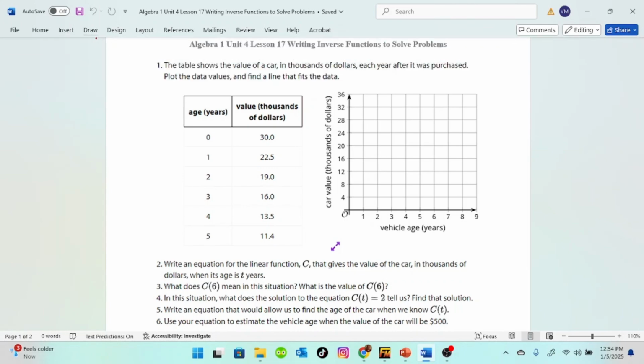We have 0, 30. So we start at the origin, we go up to 30, and we put our first point. Then we have 1, 22 and a half. We go over to 1 and up to 22 and a half. Then we have 2, 19. We go over to 2 and up to 19.